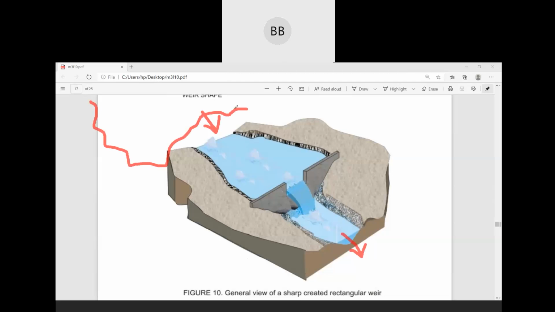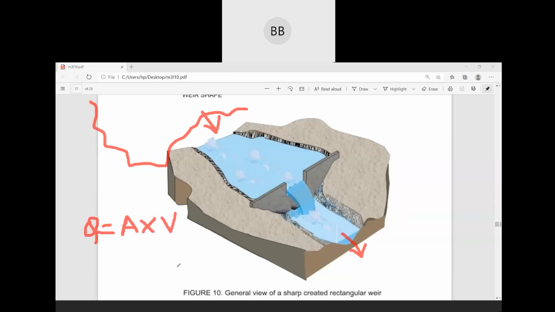So it is very difficult to find the cross-sectional area, because if you want to find the discharge, you have to find the cross-sectional area multiplied by velocity.